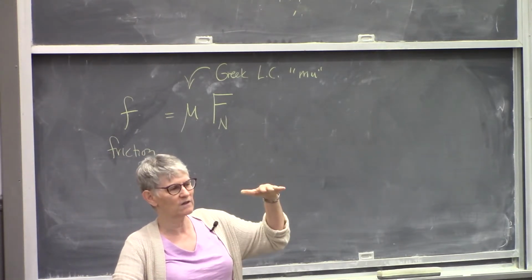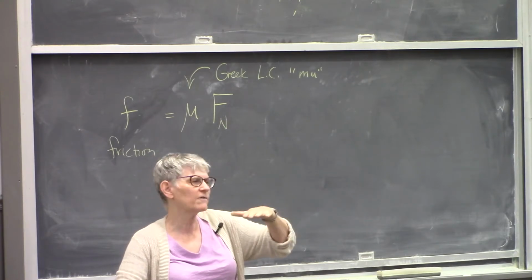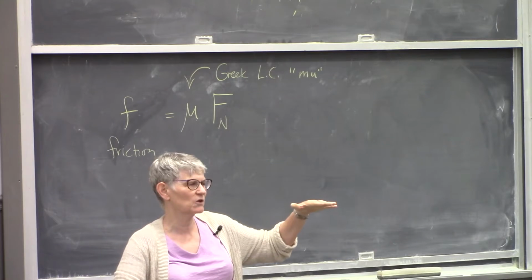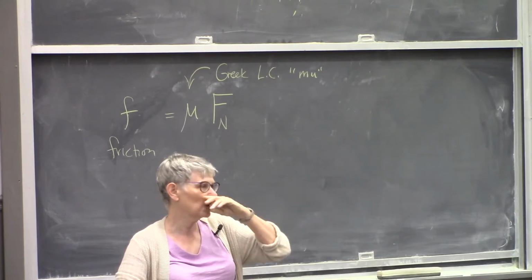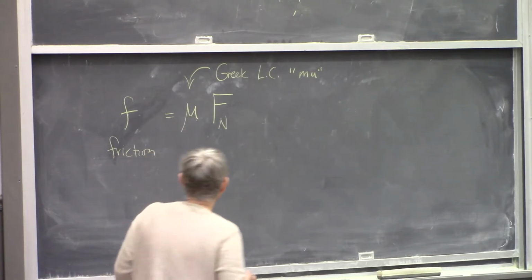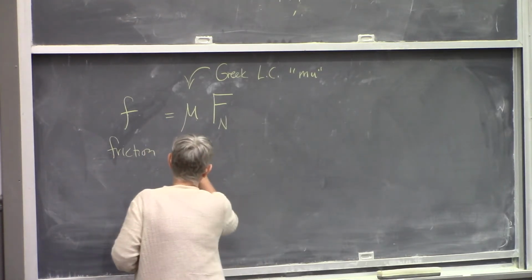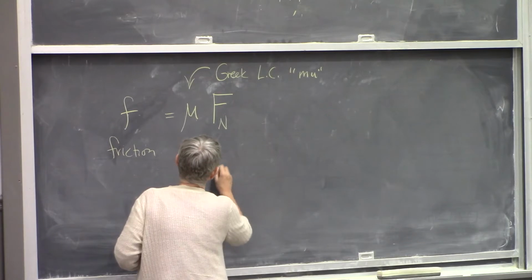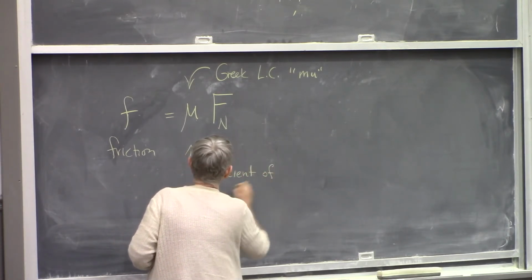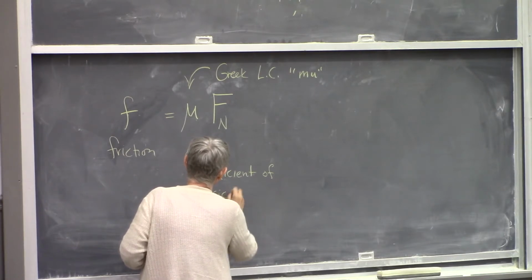But it's also related to how rough the surface of the table is and how rough the surface of the brick is, which really varies from object to object. And so these coefficients of friction are very empirical things.